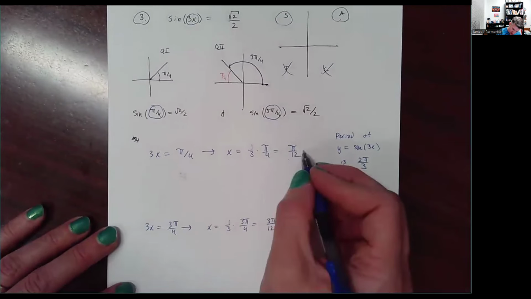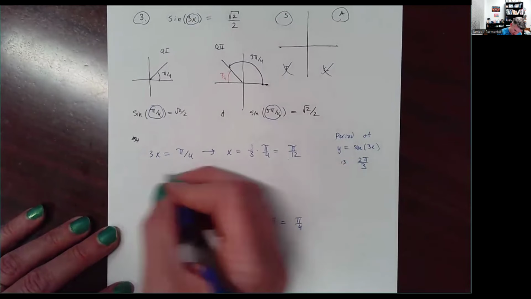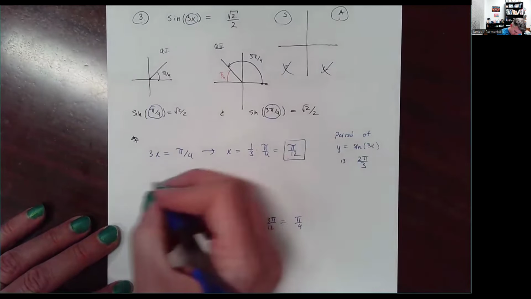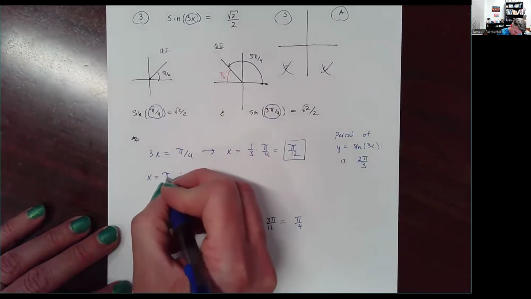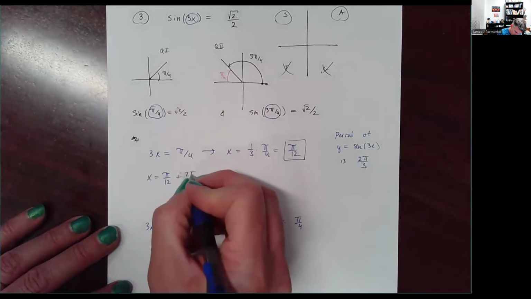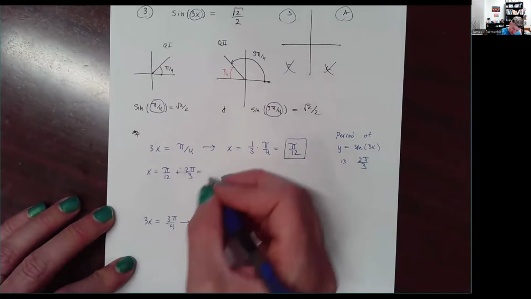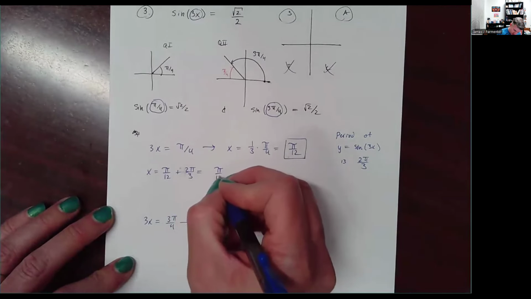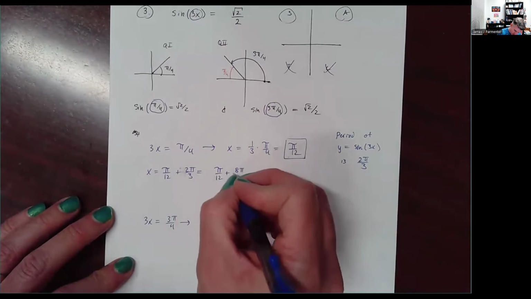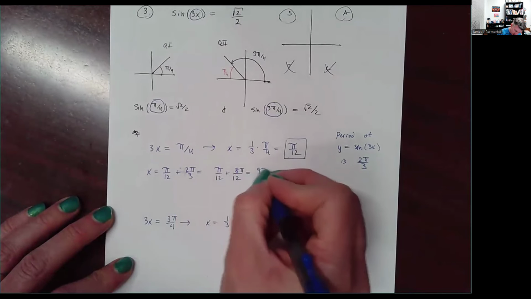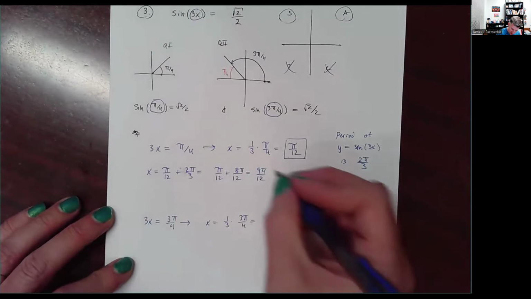So this is one answer. Another answer is going to be pi over 12 plus 2 pi over 3. We should use the common denominator. So I'm going to multiply 2 pi over 3 by 4 over 4 and get pi over 12 plus 8 pi over 12, which is 9 pi over 12, which reduces to 3 pi over 4.